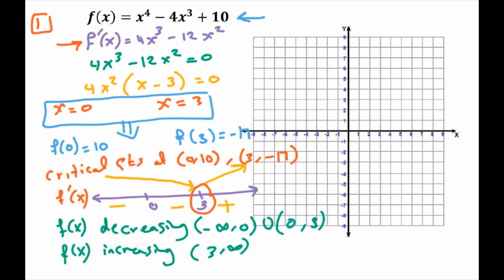So this is going to be an extreme value. Now it's an absolute minimum because the function was coming from up and then turns up, nothing below this point. So I have an absolute minimum at (3, -17).